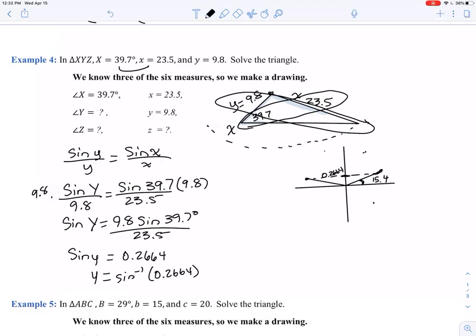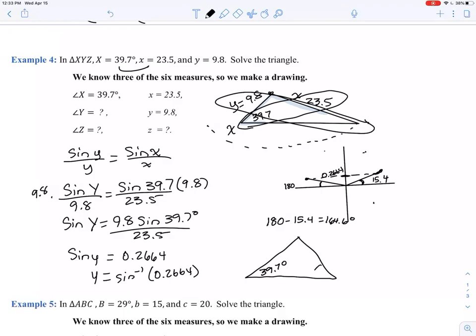And so that would definitely work in our picture, but this is also 15.4 degrees here. So if I subtract that from 180, well, 180 minus 15.4 is a really big angle. Let's see what it is. It's 164.6 degrees. Well, I don't think that's possible, because if you look at our triangle up here, we have 39.7 degrees already used up.